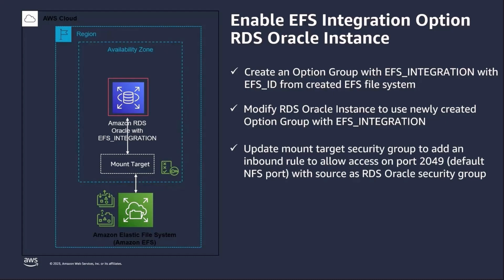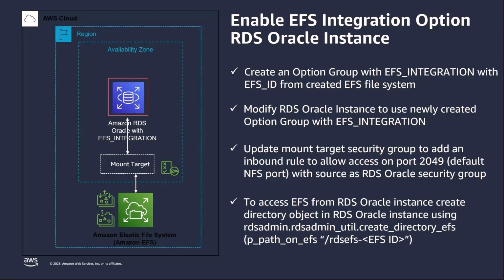Lastly, to access EFS file system from RDS Oracle instance, we will create a directory object using RDS admin util package under RDS admin schema, and the procedure is create directory EFS with EFS ID in the path for EFS attribute. This concludes all the steps required to configure EFS integration with RDS Oracle instance.